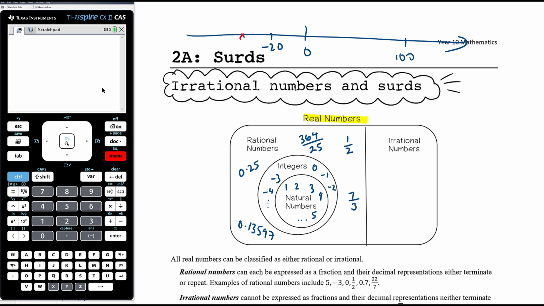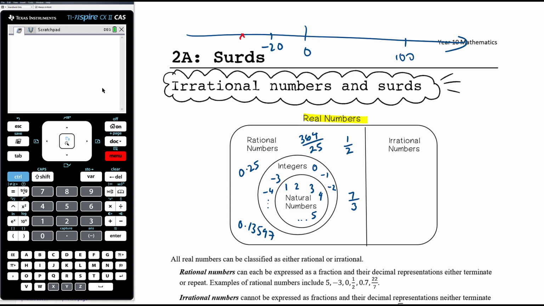Well, there actually are unreal numbers, imaginary numbers, which if you head down a specialist maths path down the track, you will learn about. But for all intents and purposes in year 10, and even if we're heading down a maths methods pathway over the next 2 years, our whole entire world of numbers is the real numbers. Okay, so everything is a real number. Well, again, let's forget the imaginary world, which is outside of our world of thinking.